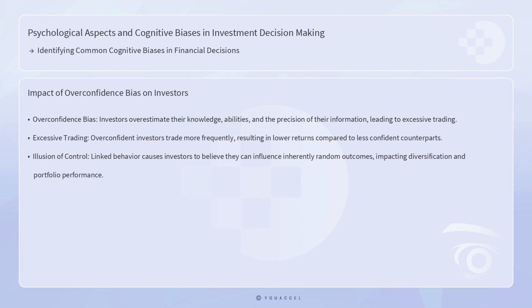Another significant bias is the overconfidence bias, where investors overestimate their knowledge, abilities, and the precision of their information. This bias can lead to excessive trading, as overconfident investors believe they can predict market movements better than they actually can.